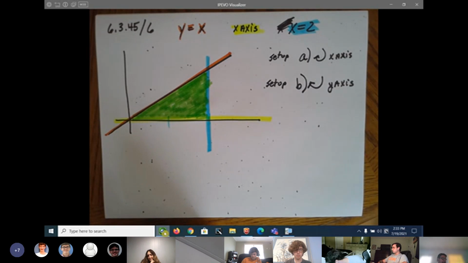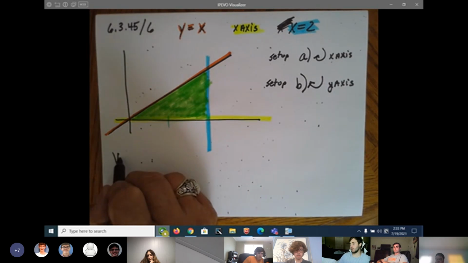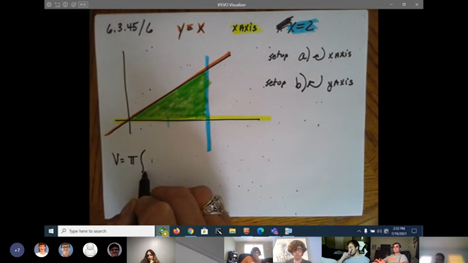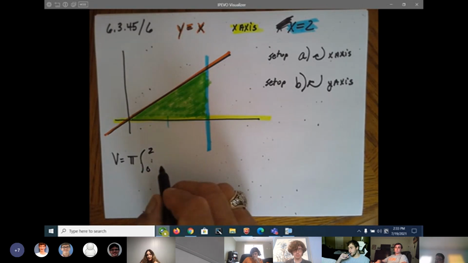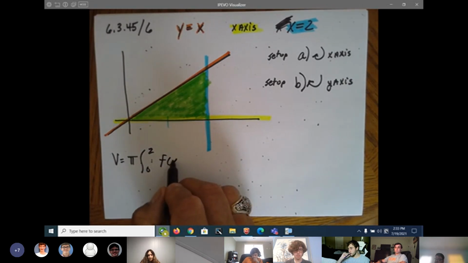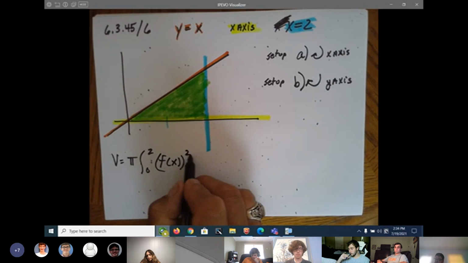So we're going to go from volume is equal to pi from 0 to 2 of f of x squared dx.